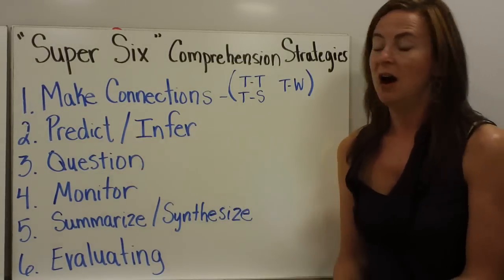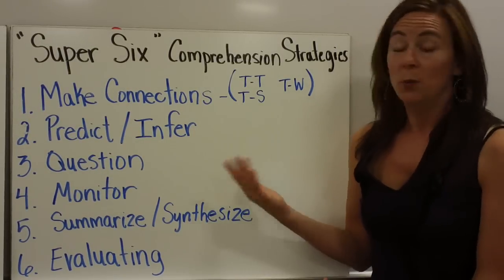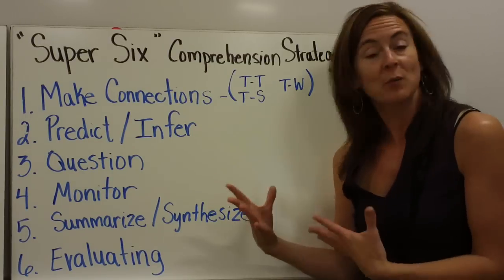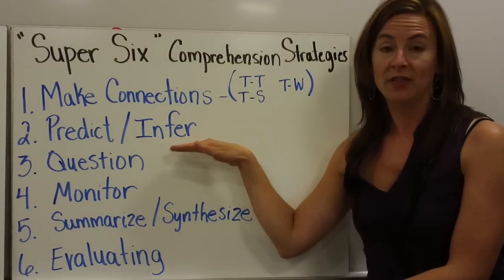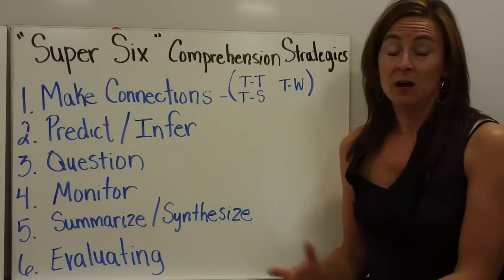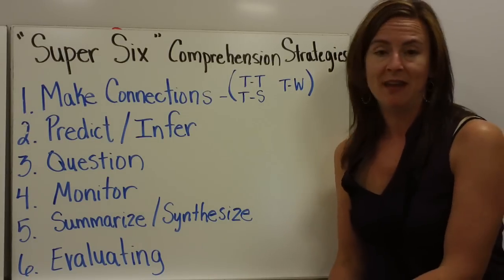Good readers often make predictions as they read. And we also talked about how authors write implicitly, they don't come right out and say it, so good readers draw inferences, or they infer as they read. As you read through text, you may annotate questions that you have.